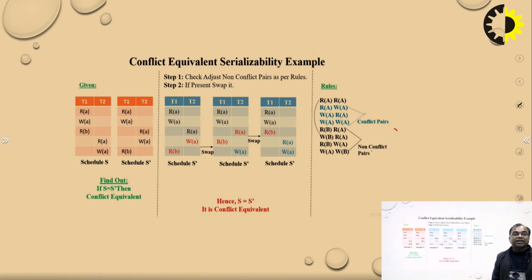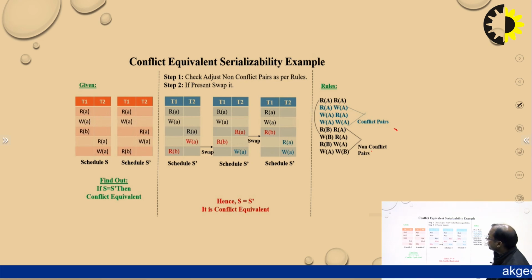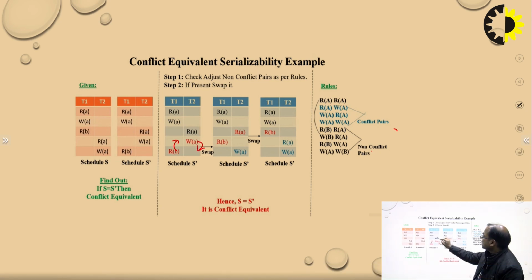Now step one: check the adjacent non-conflicting pairs as per the rules. If present, then swap them. Where there is a non-conflicting pair, we swap these transactions, meaning we move this one upward and this one downward, so this comes to this position and this comes to this position.